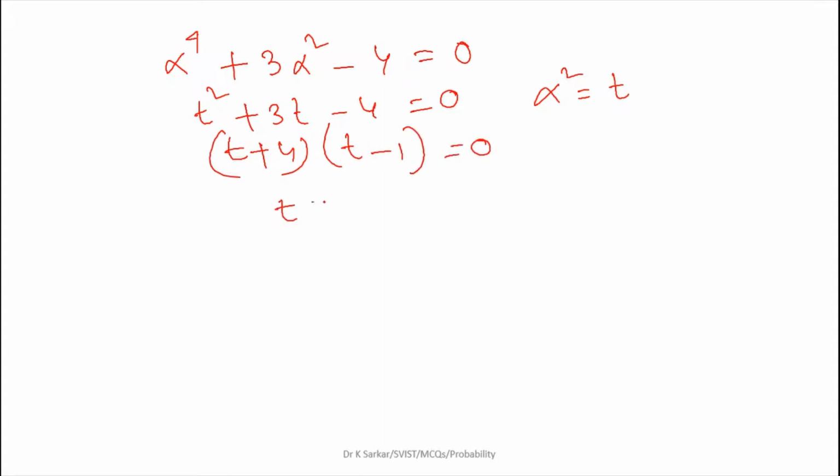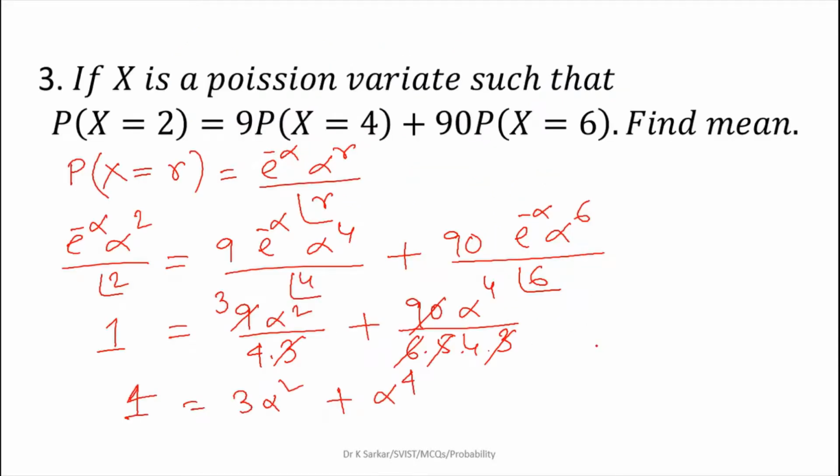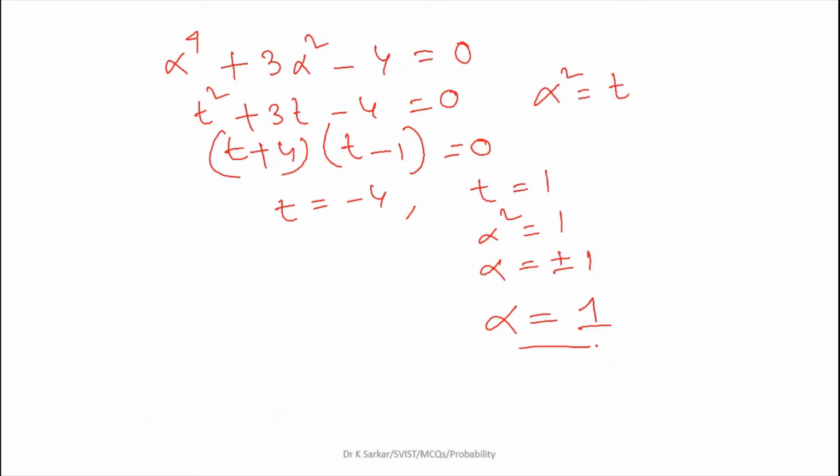So t equals minus 4 and t equals 1. Now t cannot be minus 4 because alpha is always greater than 0. Therefore alpha square is 1. Now alpha is plus or minus 1. As alpha is greater than 0, alpha equals 1. The mean of a Poisson distribution is alpha, so the mean is 1 here.